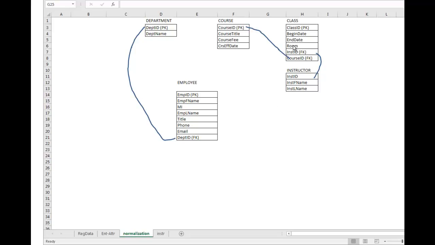However, I decided to keep this in here because the value that is going to be stored in this particular column is very small.